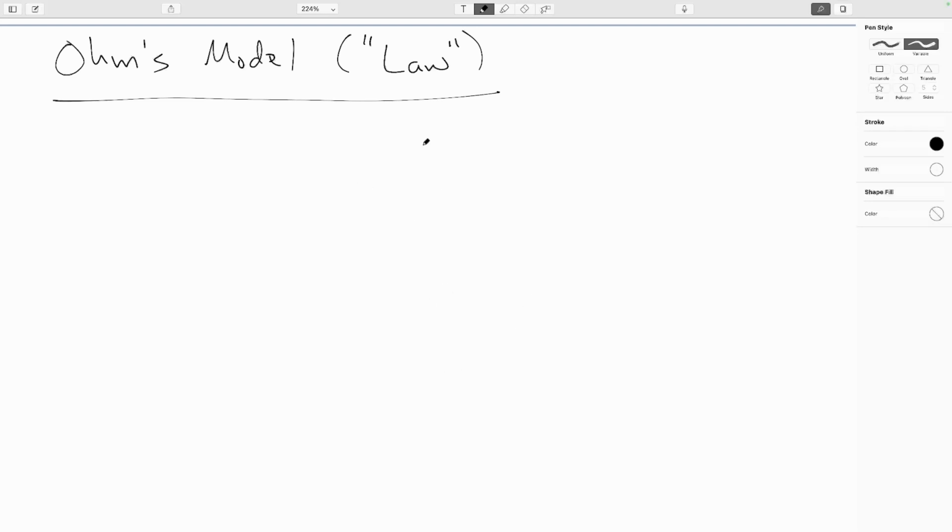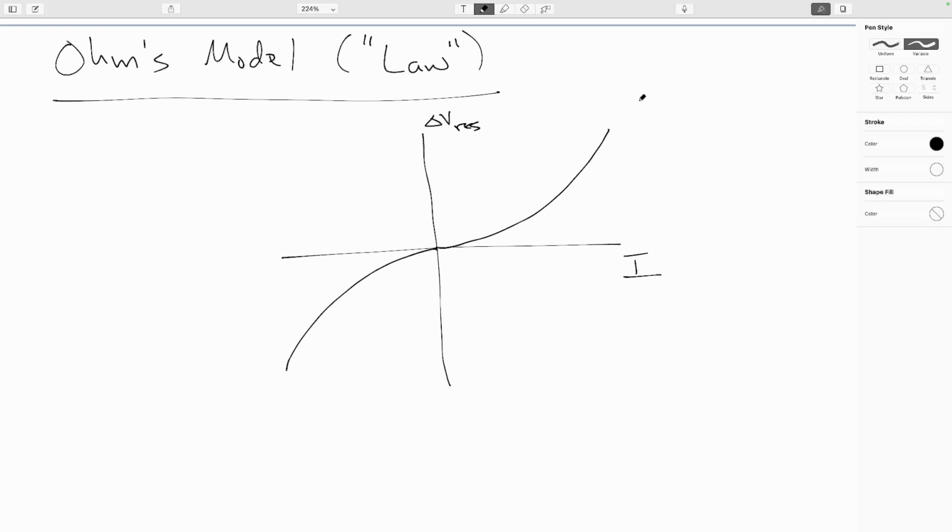So if I plot, as a function of the current going through the resistor, the voltage difference across the resistor, for pretty much any resistive device, what we'll see is that it's going to end up looking like a cubic. Like so. Or at least cubic's pretty decent choice there. However, if I zoom in close enough into any particular region, like say right here, in this region here, this is nearly linear.